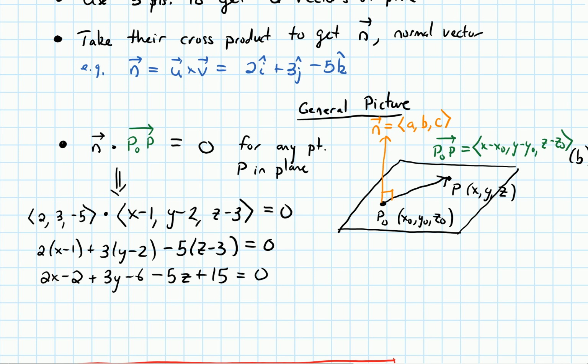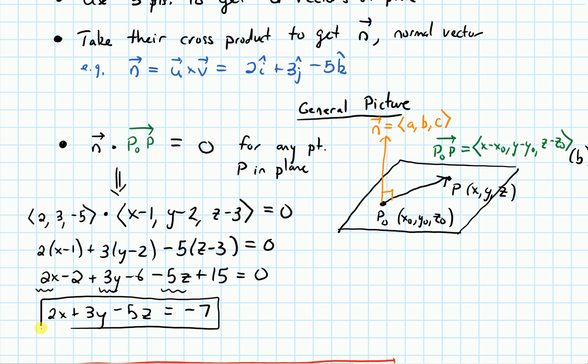It's convention to keep all the terms with an x, a y, and a z on one side. So we get 2x plus 3y minus 5z, and then we move the constant terms to the other side. So 15 minus 6 minus 2, that's 7. And if I move it to the other side, we get negative 7. And that is the equation of our plane.